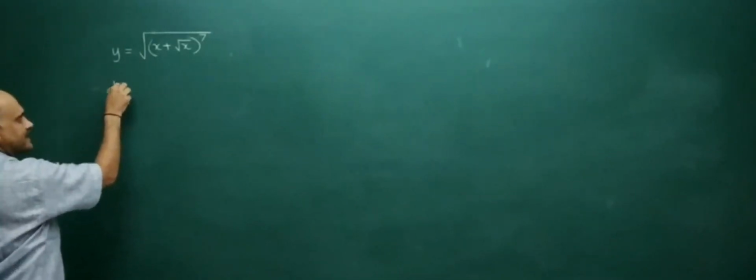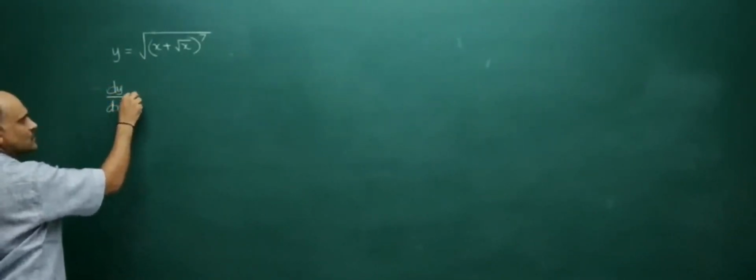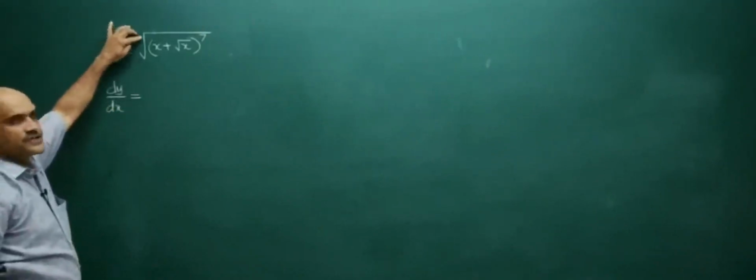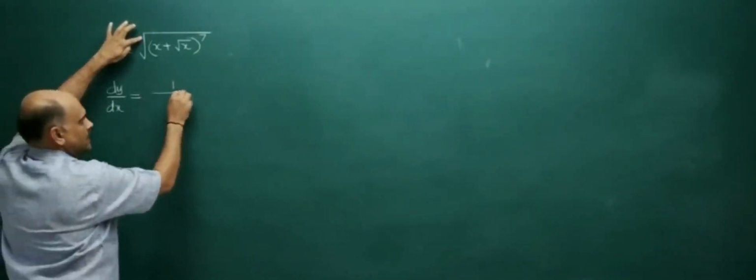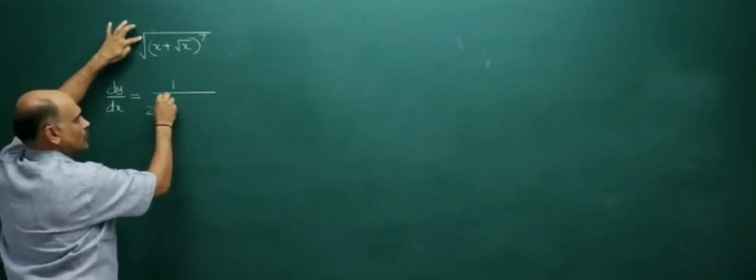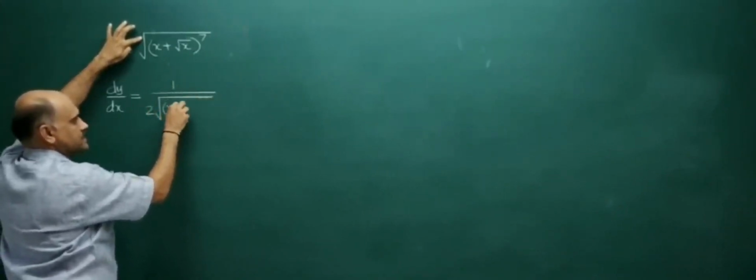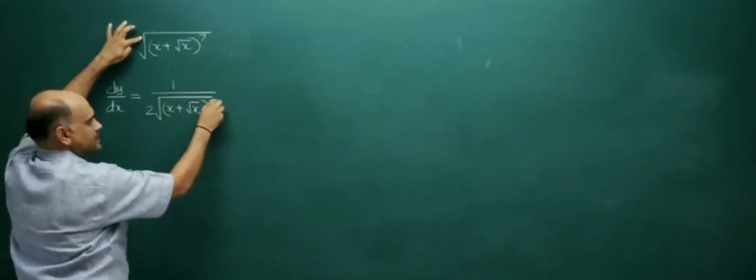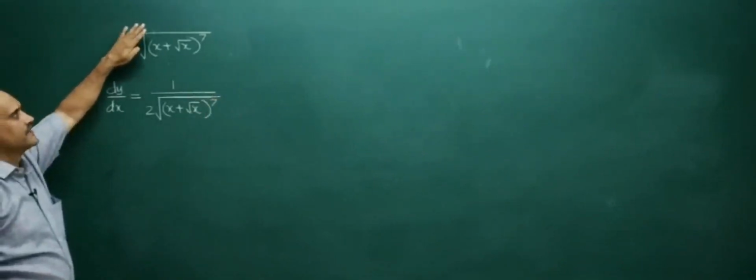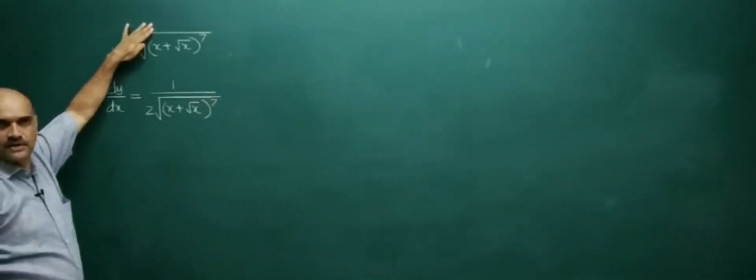So dy by dx will be, first differentiation of this root. So you will have 1 by 2 root of x plus root x bracket raised to 7. Differentiation of root is over.